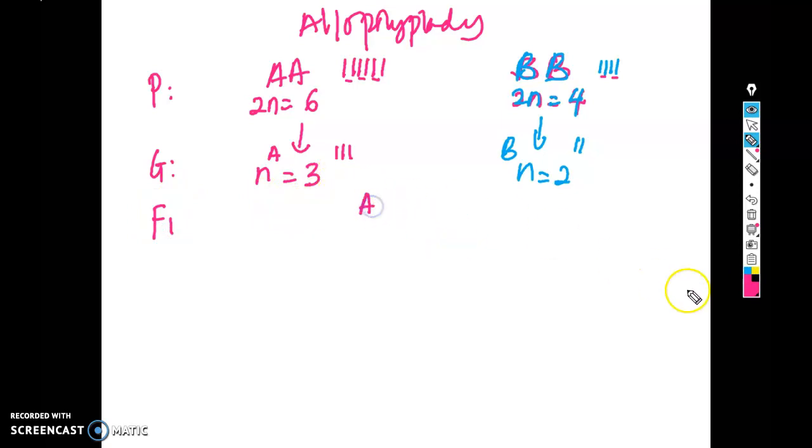So A plus B, and they produce 3 and 2, so 5 chromosomes: 1, 2, 3, and then 4, 5.